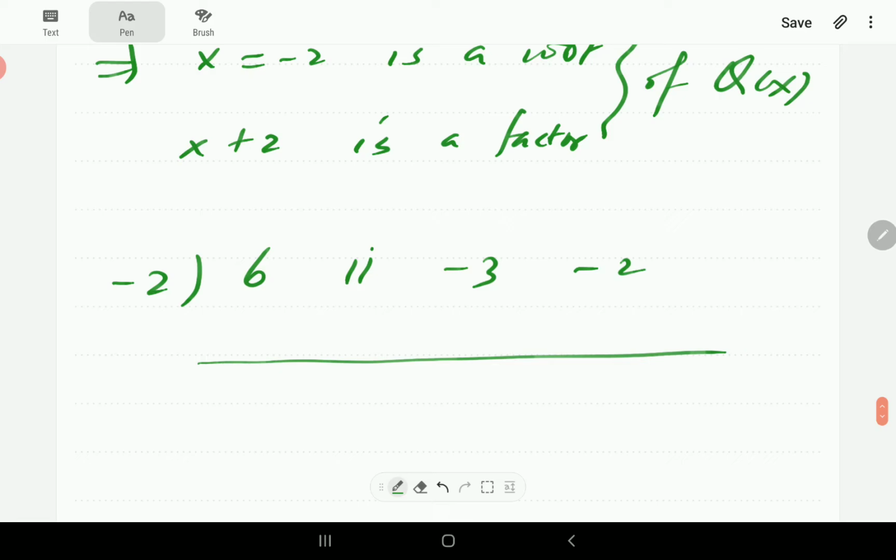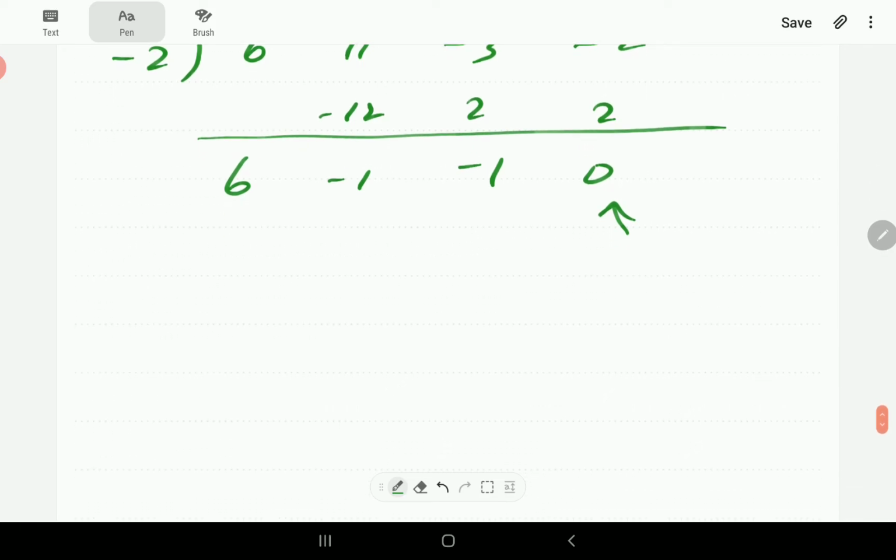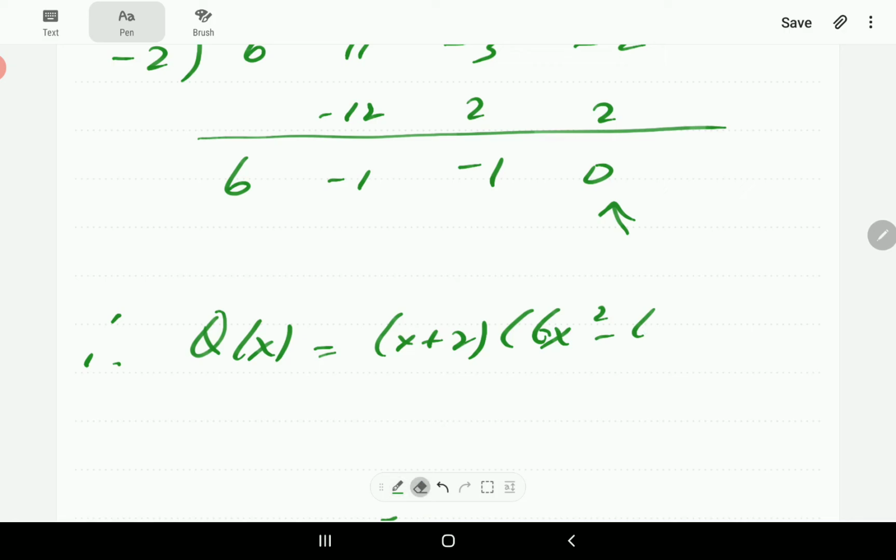Then we can use synthetic division to find the quotient and remainder. Of course, the remainder is 0. We expected that. What this is telling us is that q of x we can write as x plus 2 into 6x squared minus x minus 1.